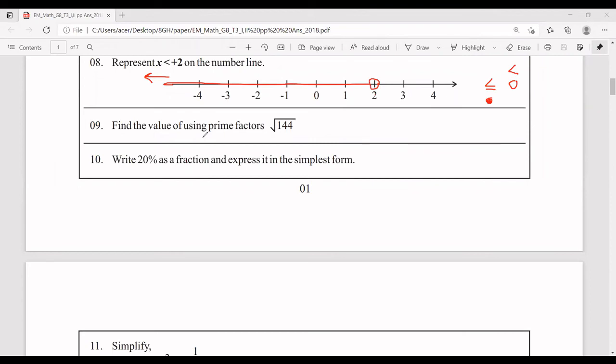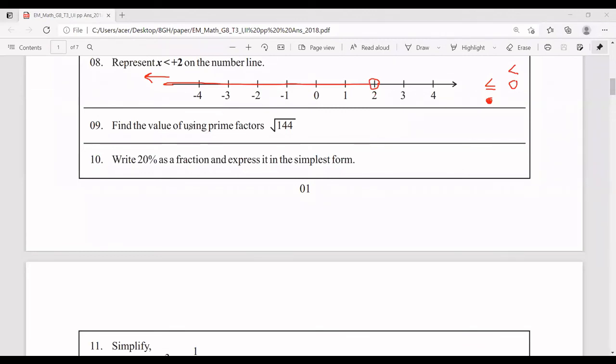What about 4? 4 is not a prime number. The reason is 1, 4 and 2: there are 3 factors for 4. So a prime number has only 2 factors.